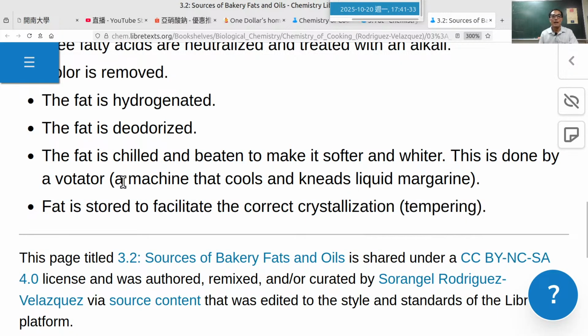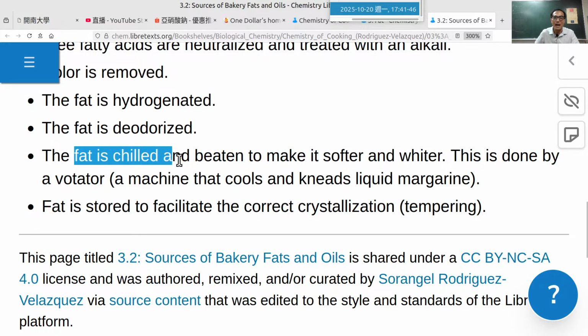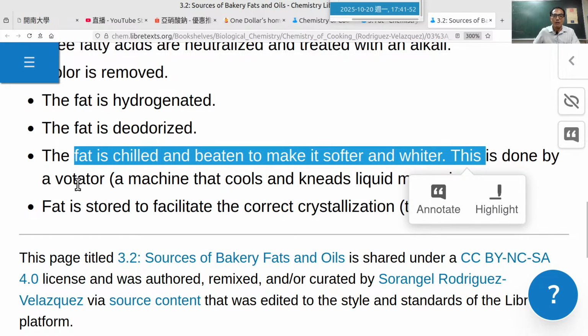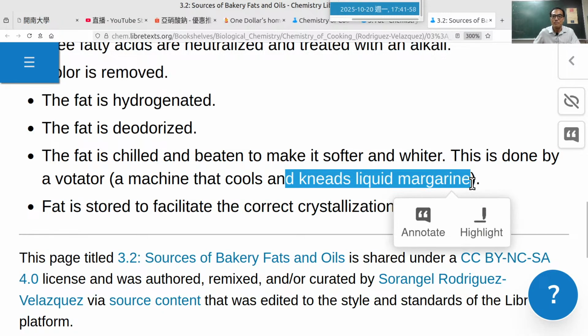Thus, the refining process is to chill and crystallize those insoluble substances at low temperature, then filter and remove them. So the fat is chilled and beaten to make it softer and whiter. This is done by a rotator, a machine that cools and kneads liquid margarine. Margarine is a plant butter.